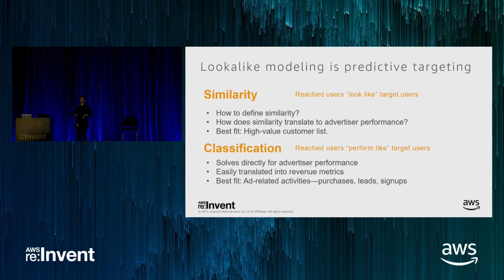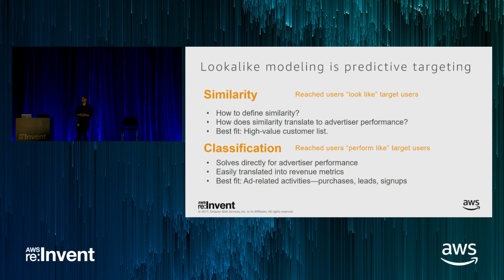So lookalike modeling, which is the subject of our discussion now, is a form of predictive targeting. And sometimes the term can be confusing to people because there's actually two different ways to do it. There's one which is called similarity-based targeting, which is what most people think of when they hear the term lookalike modeling because users look like other users.